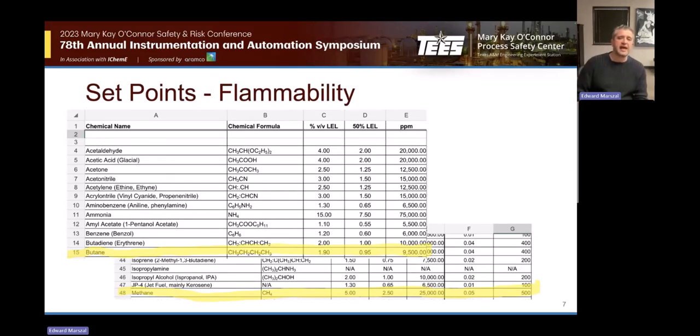Now, let's get into the heart of what we came here to talk about, which is how you address calibration gas versus a different gas. What you're looking at here are excerpts from a spreadsheet, and I'm going to warn you right now not to use any of the data on this slide, because the data may or may not have been modified from the equipment vendor that presented it to me.